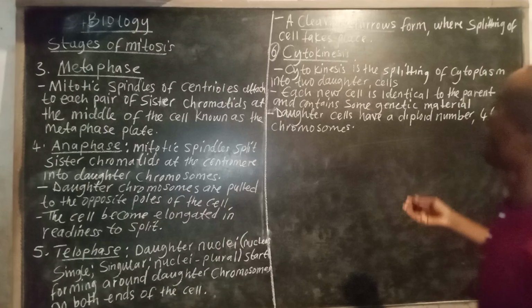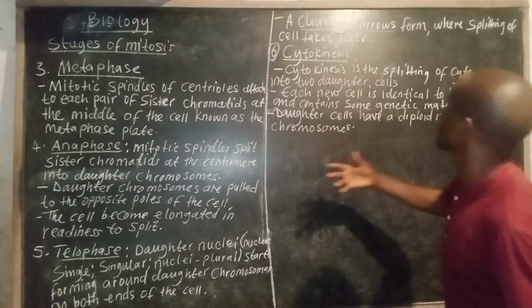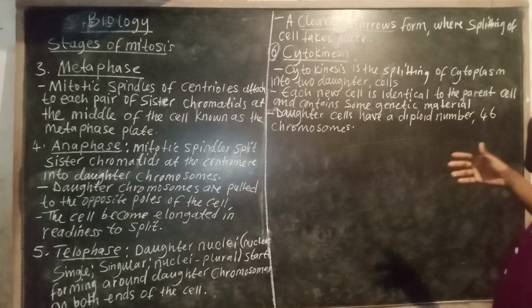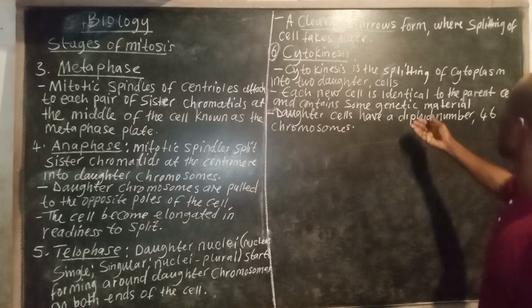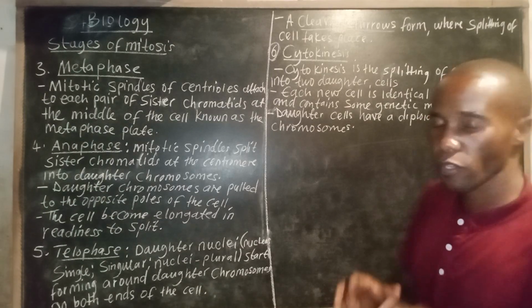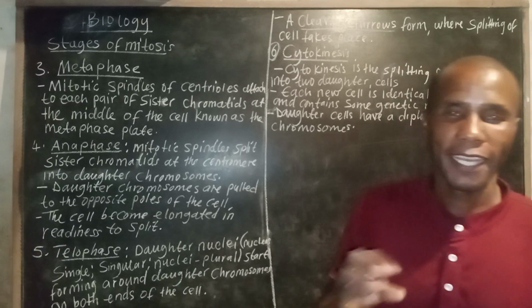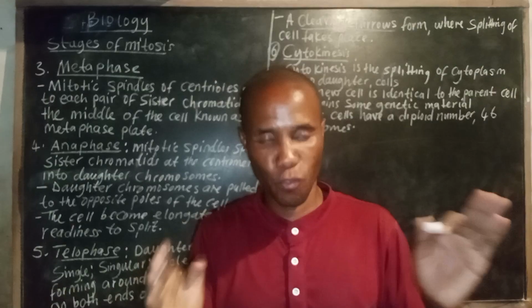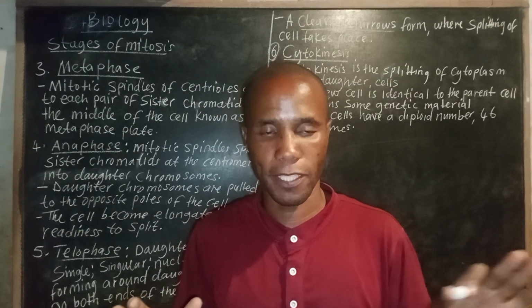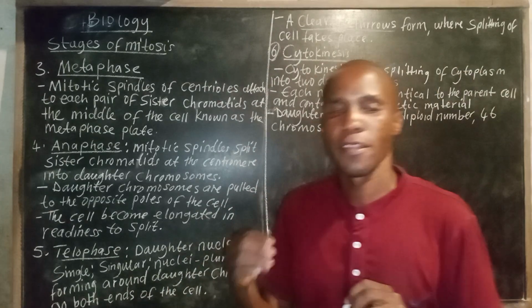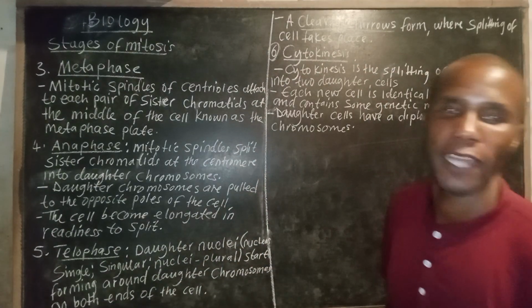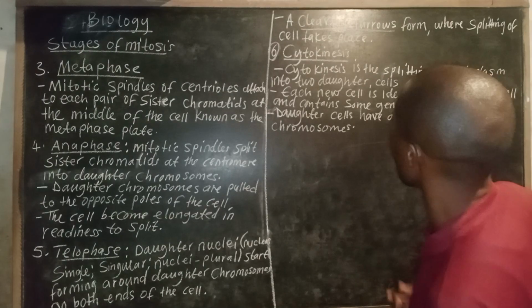Okay, so we are saying the second point, each new cell is identical to the parental cell and contains the same genetic material. So this is where you are able to see the new cells, two of them, having split. There are two, and those two daughter cells are always identical to what? Parental cells.